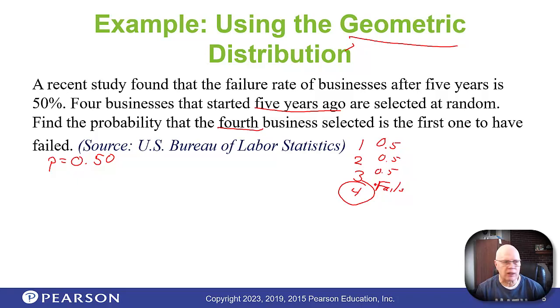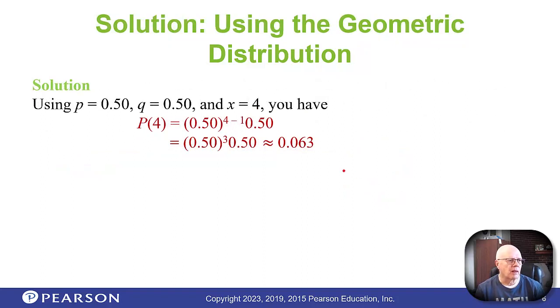So how do we work that one? Using those numbers, remember, Q is 1 minus P, so Q is 1 minus 0.5, which gives it the same probability, but that's how you calculate it.